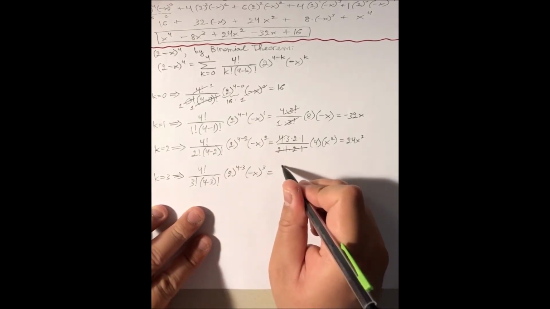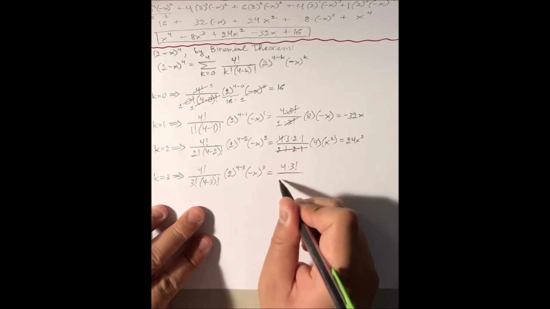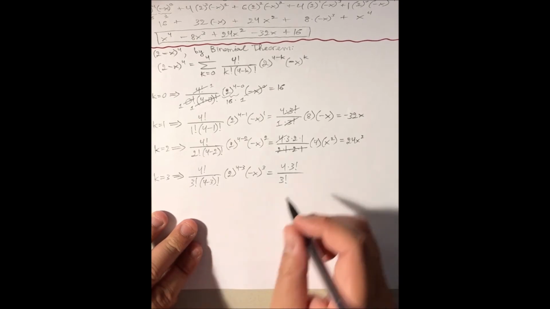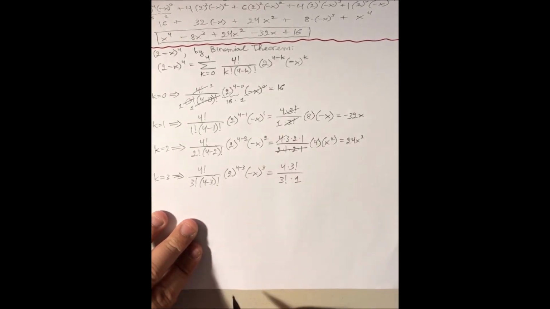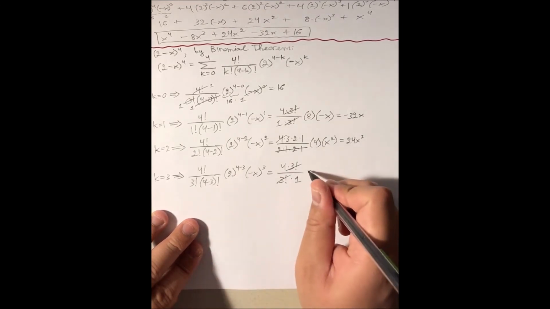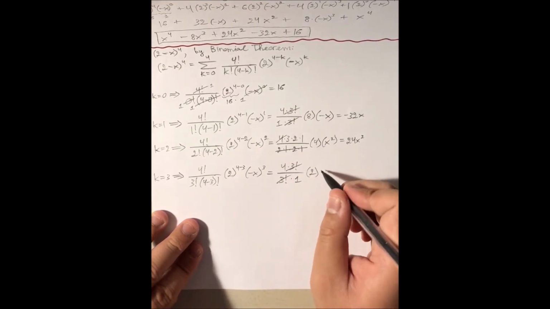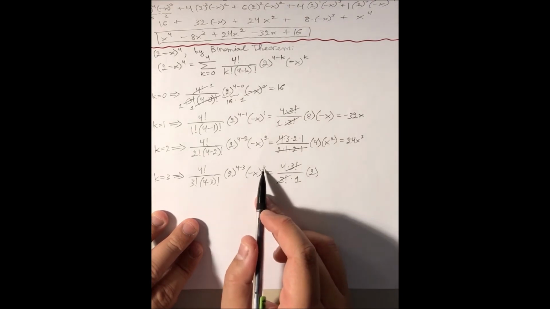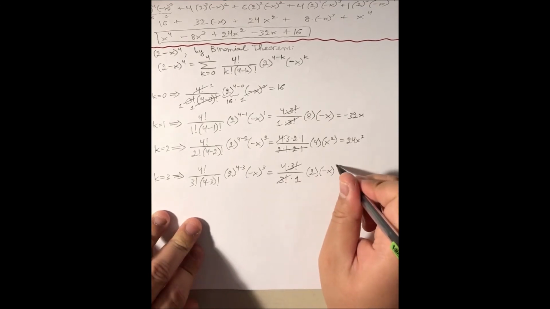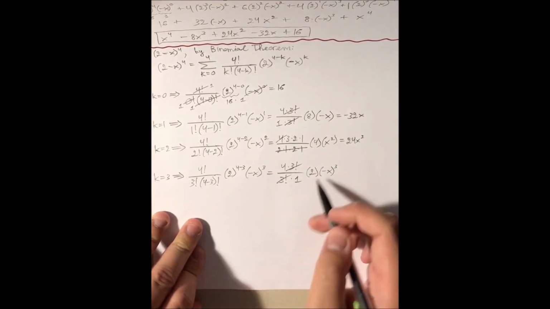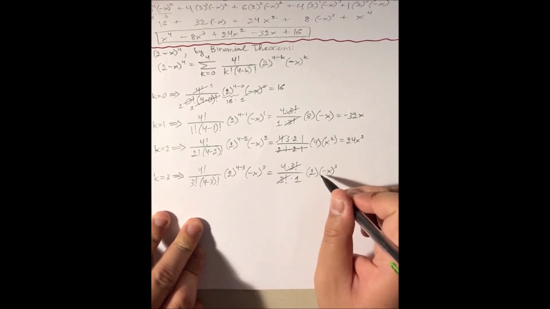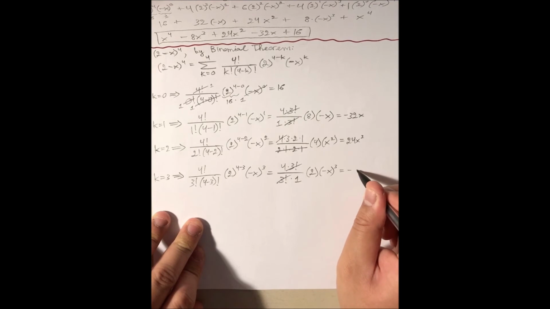This 4 factorial is going to be 4 times 3 factorial over 3 factorial multiplying by 4 minus 3 is 1. 1 factorial is just going to be positive 1. 3 factorial cancel out. 4 minus 3 is 1. 2 raised to the first is just going to be 2 itself. Negative x raised to any odd power is going to be its negative form. So negative x to the third. 4 over 1 is 4. 4 times 2 is 8. 8 times negative x to the third is going to be negative 8x cubed.